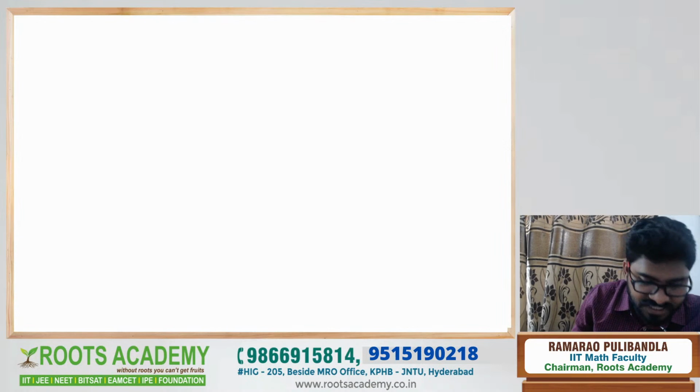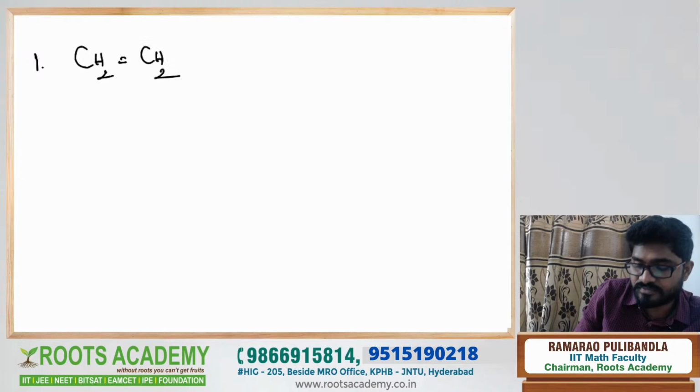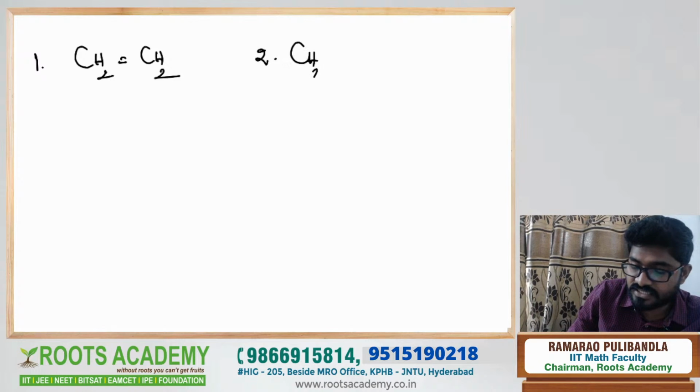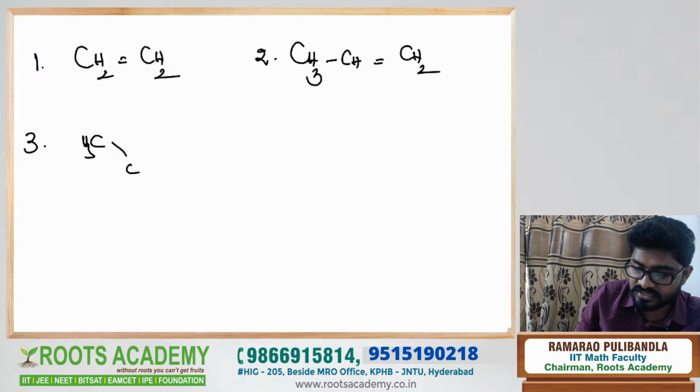Now tell me for this, which is more stable? Very important questions. Just take it carefully, guys. First one I am giving again: CH2 double bond CH2. Second one: CH3 CH double bond CH2. Third one: CH3, CH3 double bond CH2.